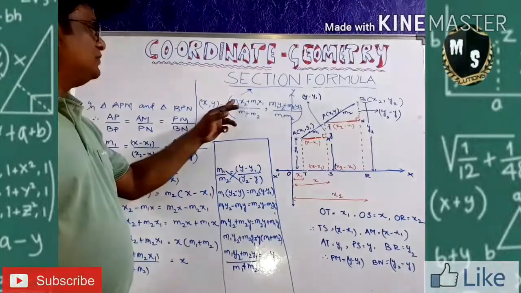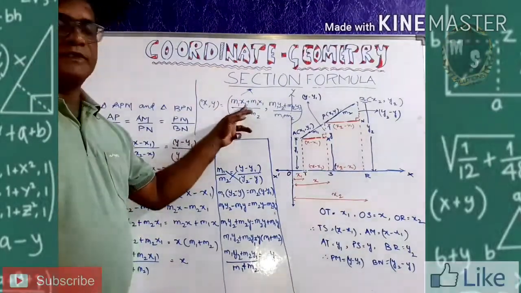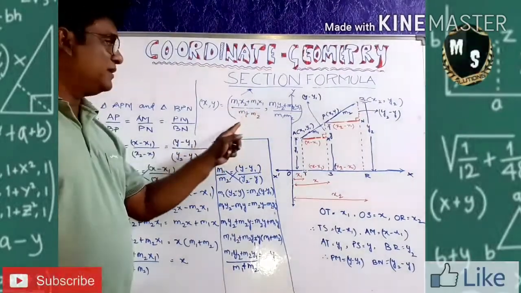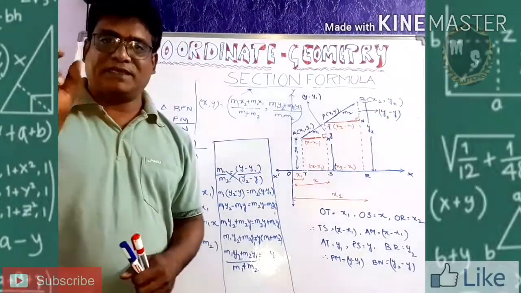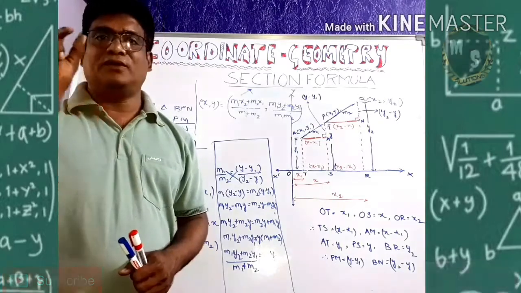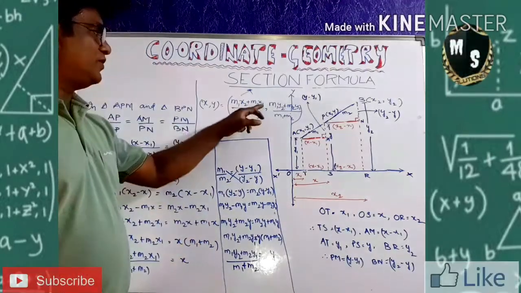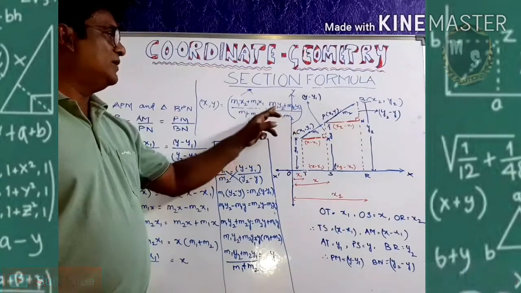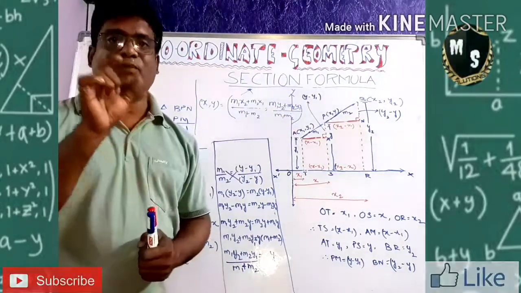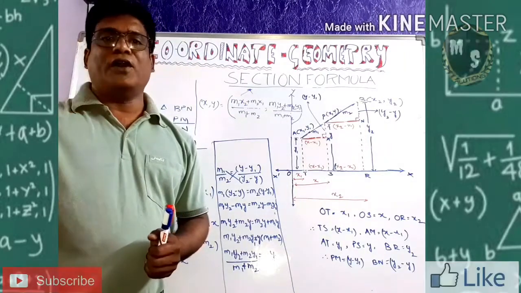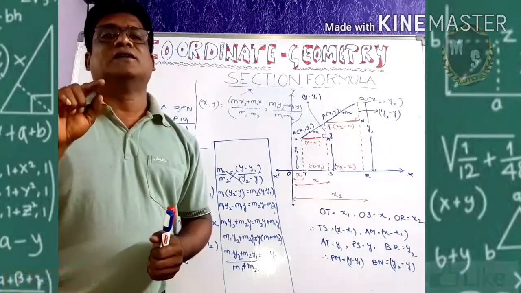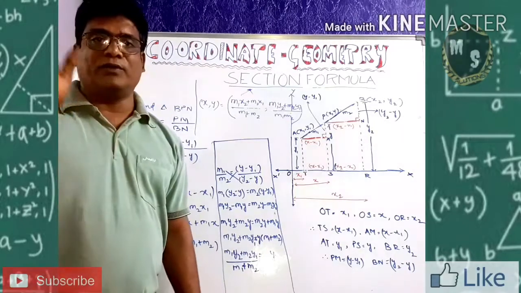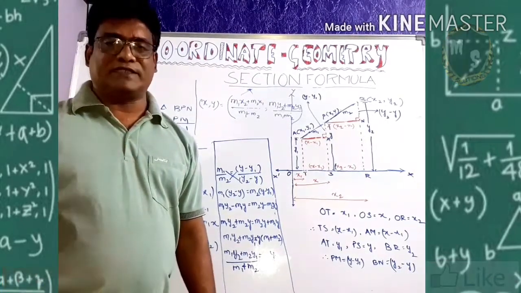See the x coordinate: m x plus m x by m plus m, 1 2, 2 1, 1 2. That means on top it is 1 2, 2 1, and in the bottom it is 1 2, m1, m2. Similarly, for the y coordinate: m y plus m y by m plus m, 1 2, 2 1, 1 2.